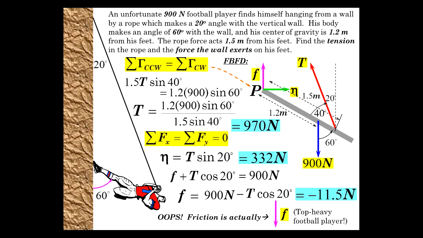So I don't know if that all made sense, but it kind of relates primarily to where his center of gravity is, which is high up here. And so the wall actually has to push downward on the football player in order to keep him in equilibrium.